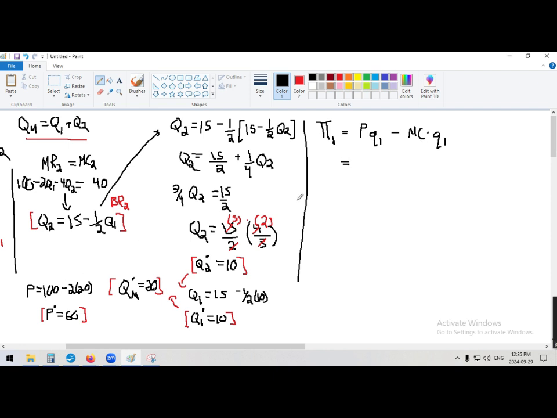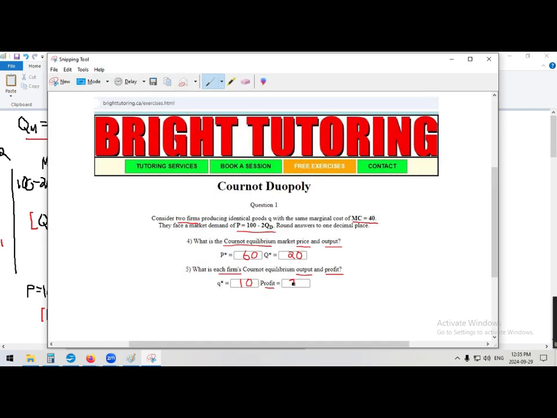So the market price was 60. The Q for either firm, doesn't matter which one, for firm 1 is 10. And then the marginal cost was 40. And the quantity sold was 10. So basically we have 60 minus 40, which is 20, times 10 is 200. So we're going to have 200 each for the profit.